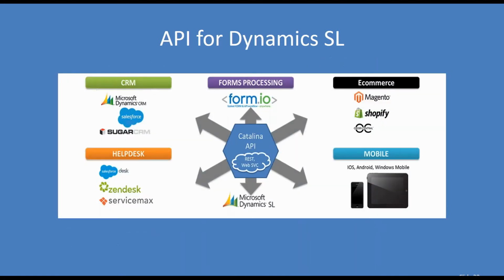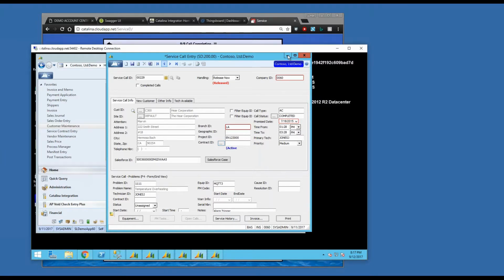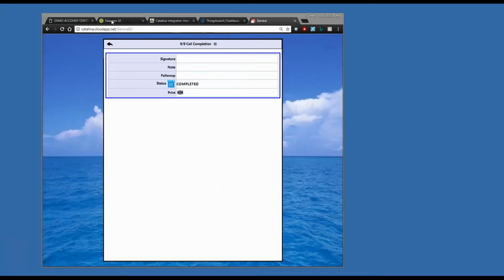And this is just another slide that brings it home, where we've got the Catalina API in the center, and we have core integration with many of the SL modules, and then bring it all together. So, with CRM, forms processing, e-commerce, and so forth. I'm going to do a quick demo of our API. APIs are really tough to demo, but I'm going to go ahead and do it anyway.